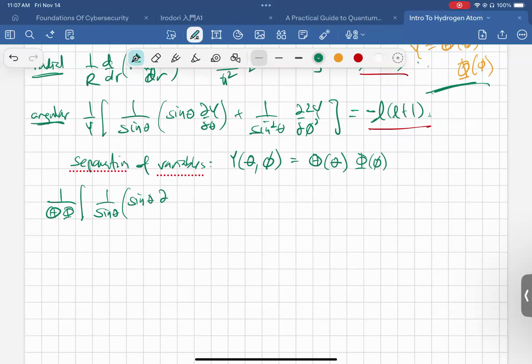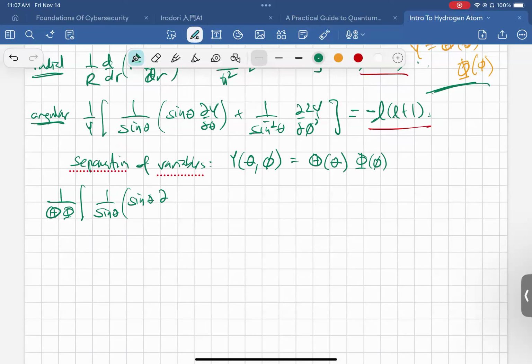Okay, so now, ang gagawin ko ay ililipat ko to dito. So this will become capital theta and then capital phi. Okay, tapos, ang gagawin natin ay ipagsamahin natin lahat ng mga theta components, right? Actually, divide muna natin everything by capital theta and capital phi.